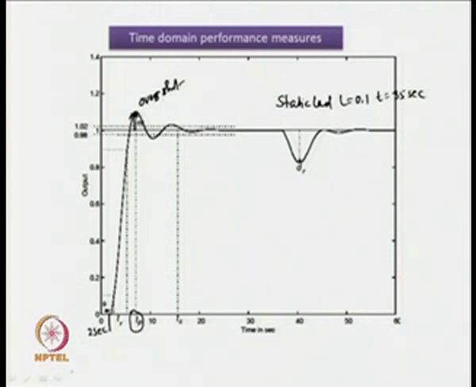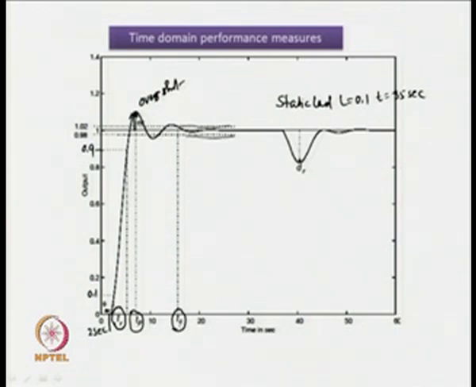Any other information we can obtain from this time response? As you know, the time taken for the response to go from 10% of the output to 90% of the output is known as rise time. And when the output response enters the band of plus minus 2% of the reference value, that time is designated as the settling time.